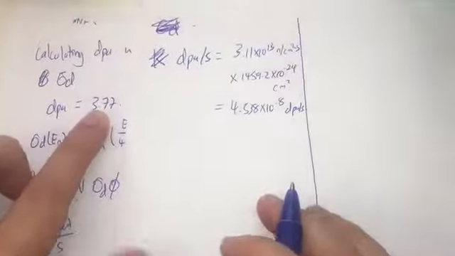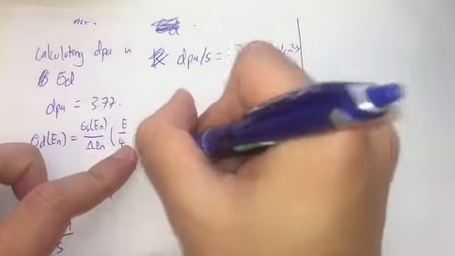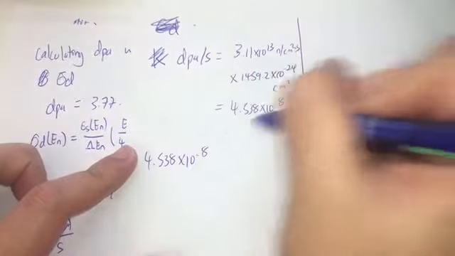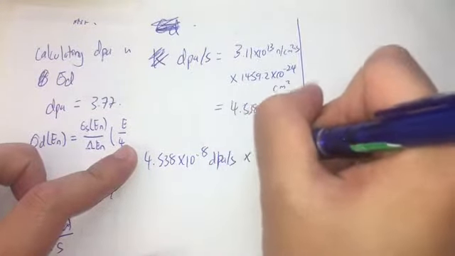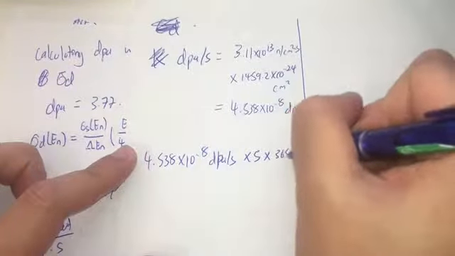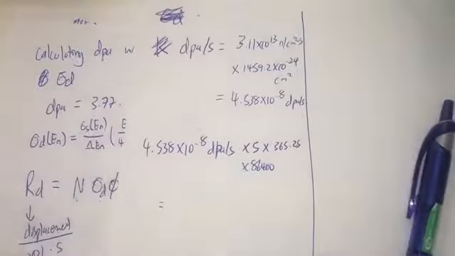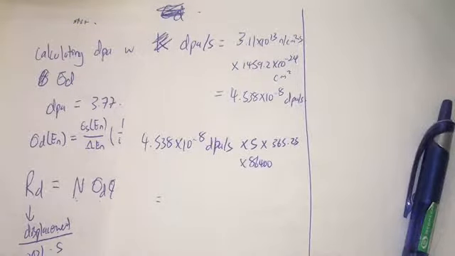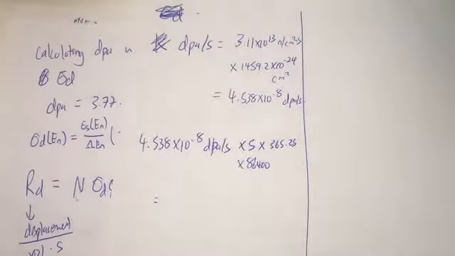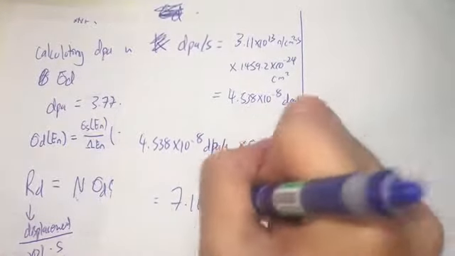So let's use the same 5-year period. 4.538 times 10 to the minus 8 dPa per second times 5 years times 365.25 days per year times 86400 seconds per day. 5 times 365.25 times, 7.16056.